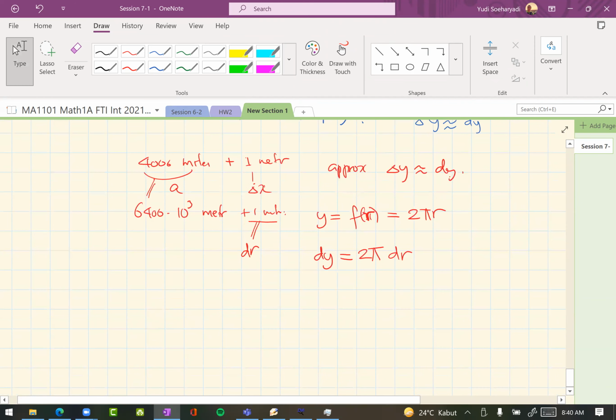So the extra ribbon is that, all right, what we got here is that this does not depend on r. So our dr is 2 pi times 1 meter. So what you get is 2 pi meters. So only six something meters, less than 7 meters.